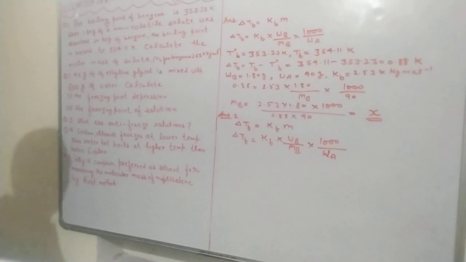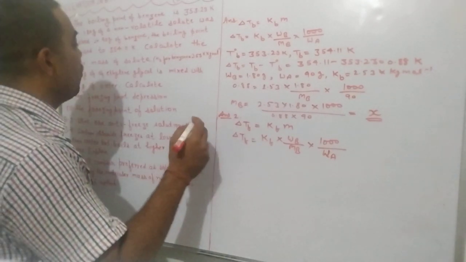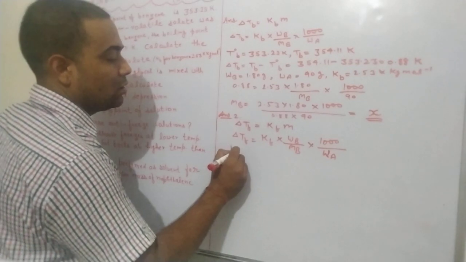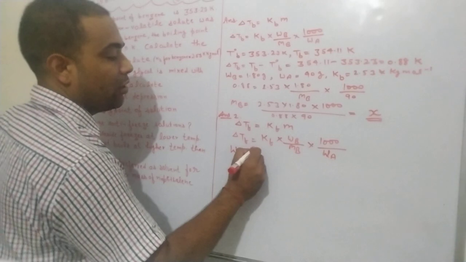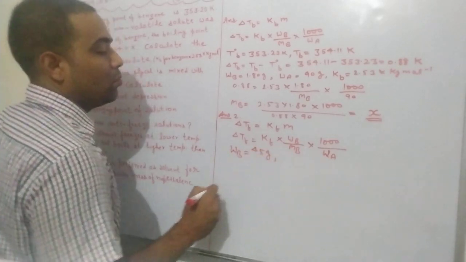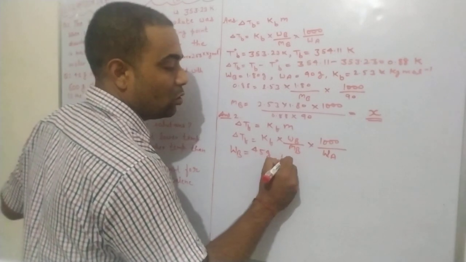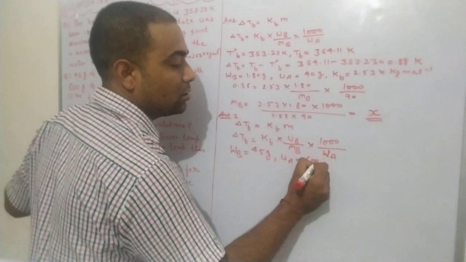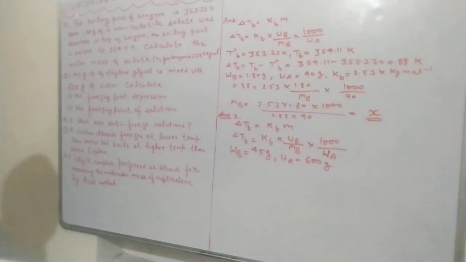So what we have from this question: 45 gram of ethylene glycol, it means solute is given to us, Wb is 45 gram. Besides that, it is dissolved in 600 gram of water. Water is our solvent, so Wa is 600 gram.